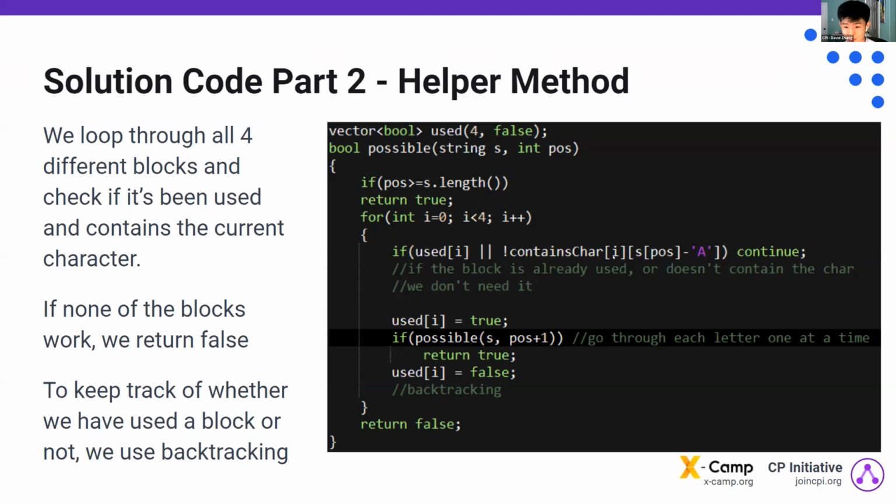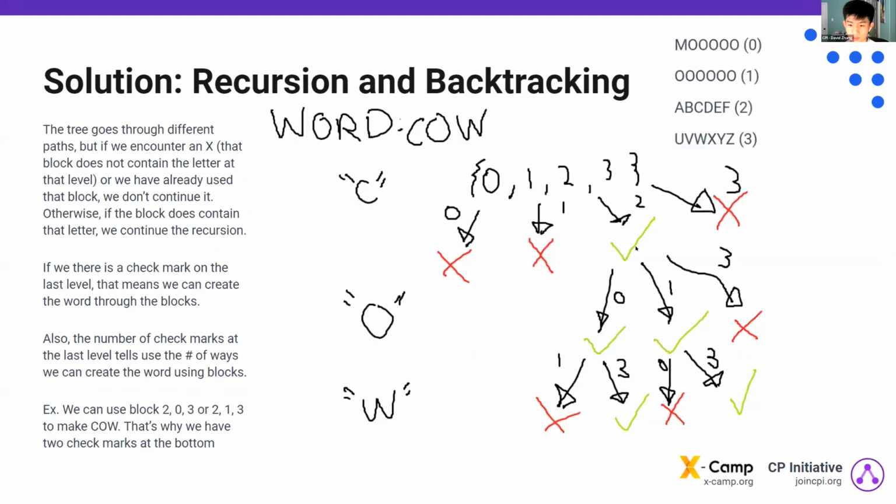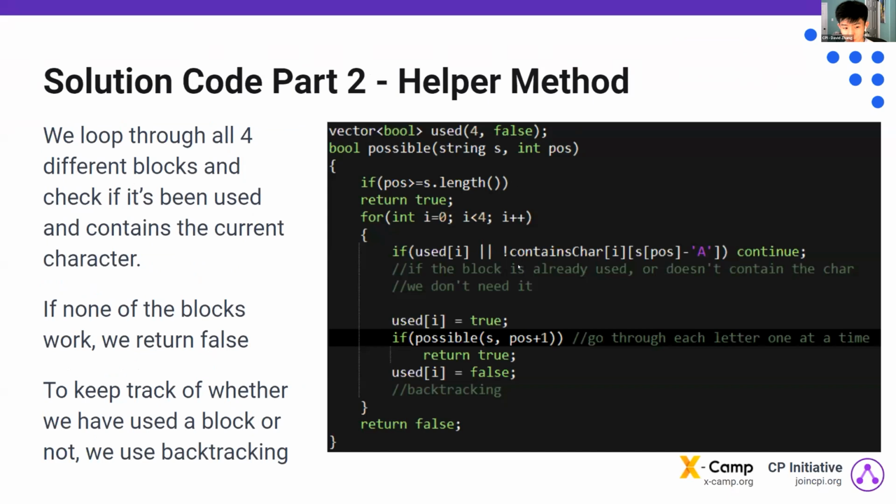This simulates the x's we were talking about: if the block doesn't contain the character, it's an x. And if we've already used the block, we're not even going to go through that path.